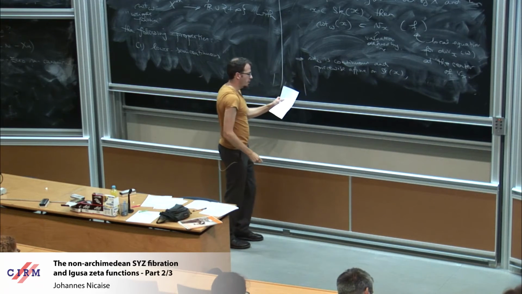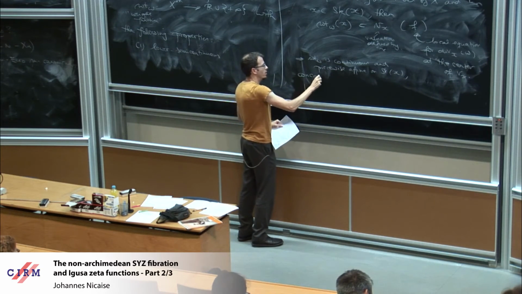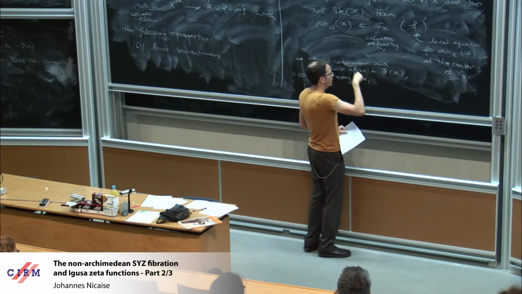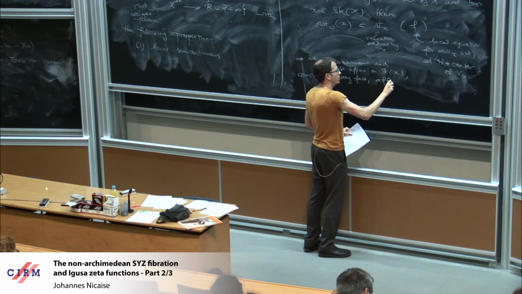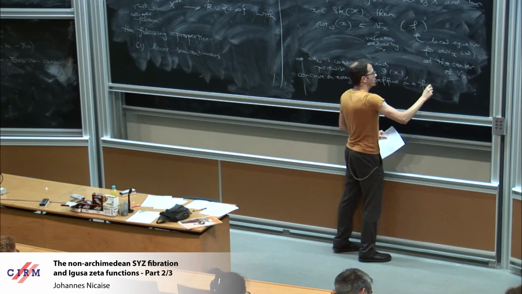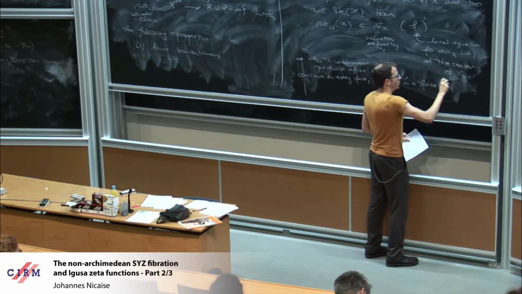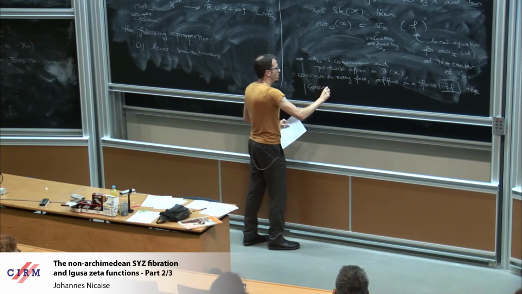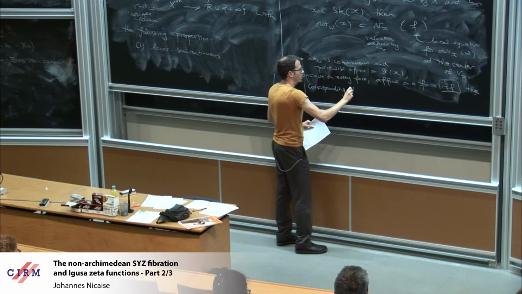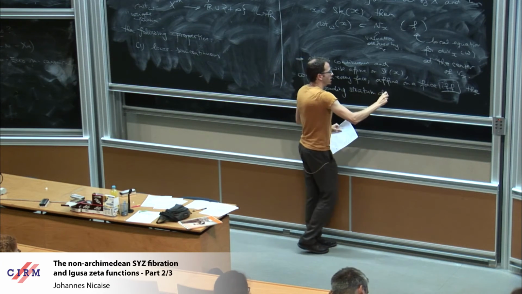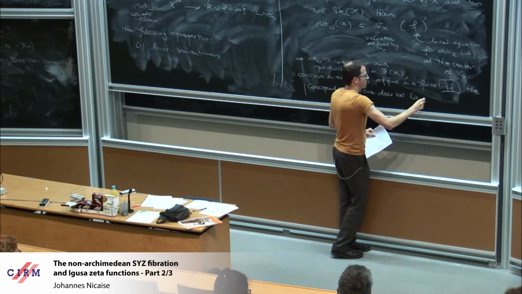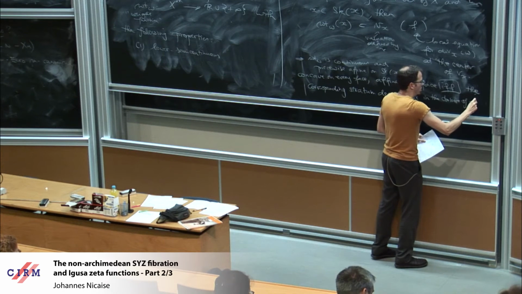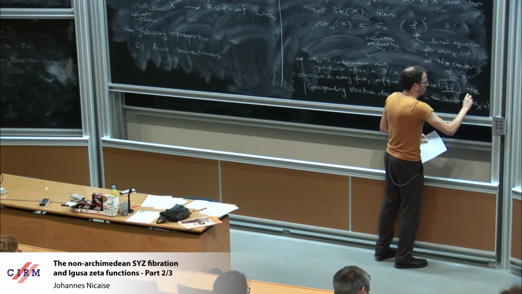It will be concave on every face, and it will be affine on a face if and only if the corresponding stratum does not lie in the closure of the locus of zeros of omega on the generic fiber.